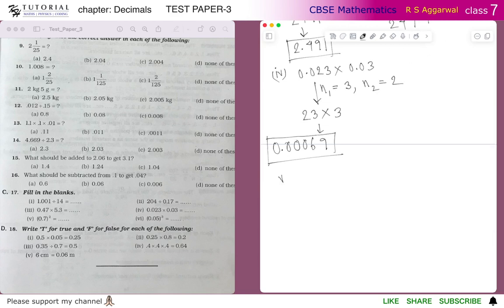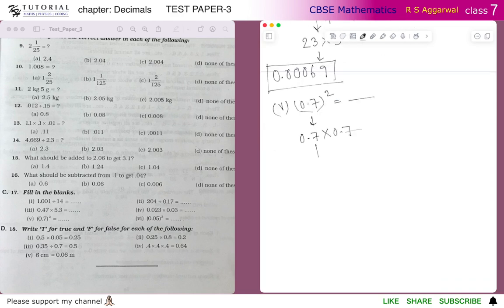Okay, 5: 0.7 square. So this is nothing but 0.7 multiplied by 0.7. So we notice that the decimal places of both the decimal numbers are 1, and then we multiply the decimal numbers as whole numbers by omitting the decimal points, which becomes 7 multiplied by 7.